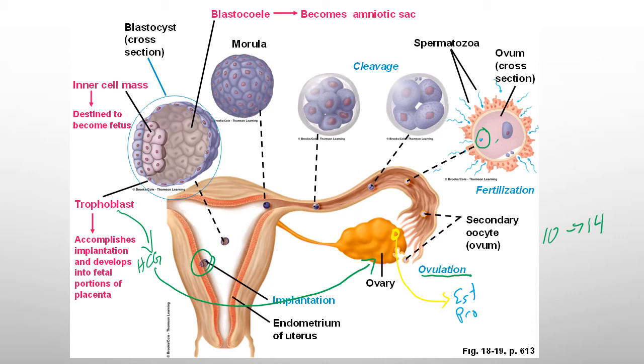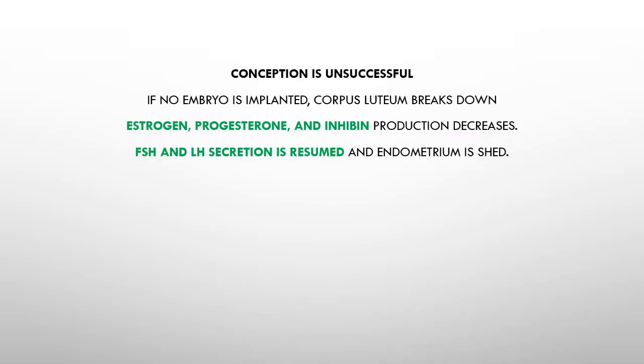The two of them are now being produced in higher quantities, and that's going to signal the endometrium to be maintained. It's going to inhibit FSH and LH, and so we maintain the uterus and the endometrium throughout the course of that first trimester.